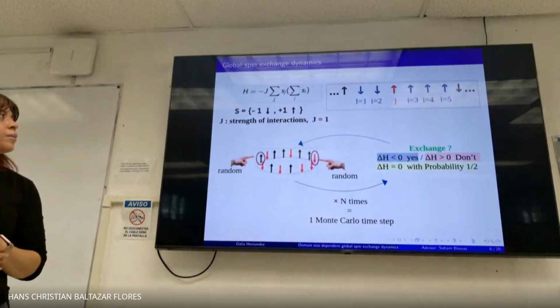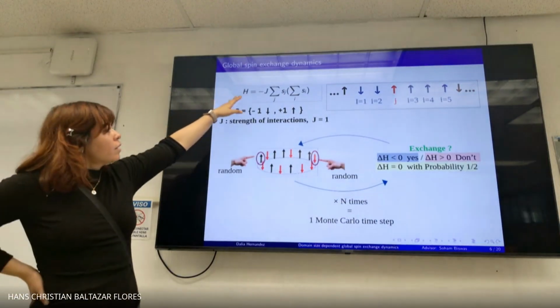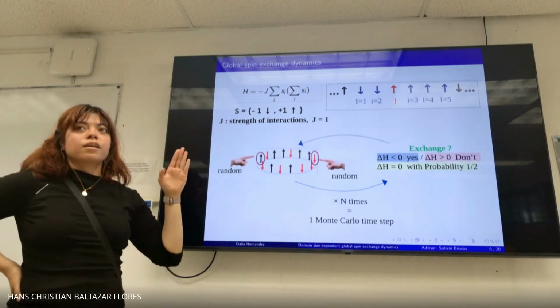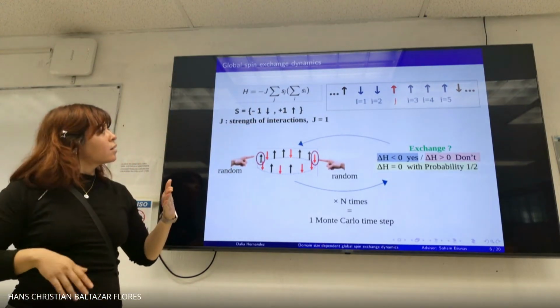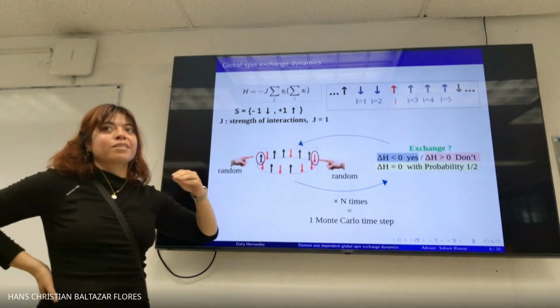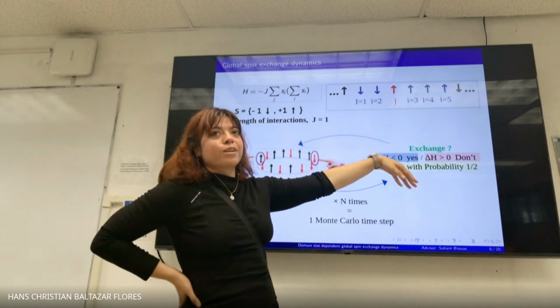And how do we model this domain size dependent dynamics? We have this Hamiltonian, and the index j is for the selected spin. This is the Hamiltonian for a single spin. So we select it for the whole configuration.